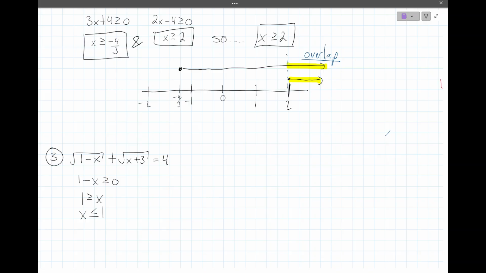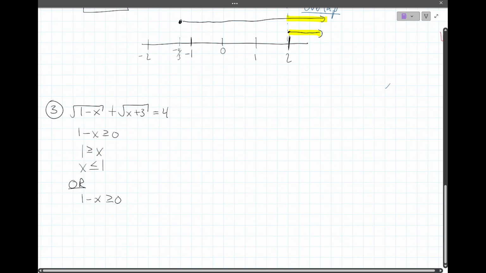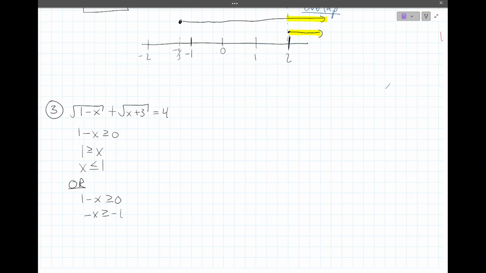What it looks like algebraically is like you could do this. If you have 1 minus x greater than or equal to 0, we could subtract 1 from each side and we'll get negative x has to be greater than or equal to negative 1.